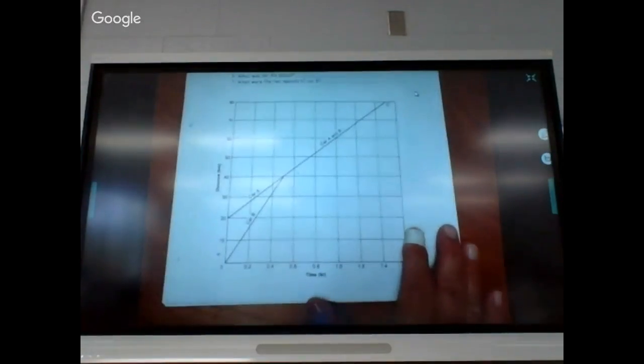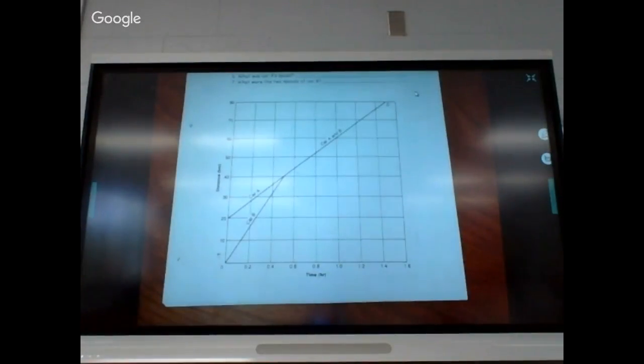Maybe 5 people total out of both classes told me no, it was not a constant speed graph. Probably 75% of you told me the right reason why. I'm talking about yesterday's graph. Why was it a constant speed graph yesterday? It was straight. It was a straight line.